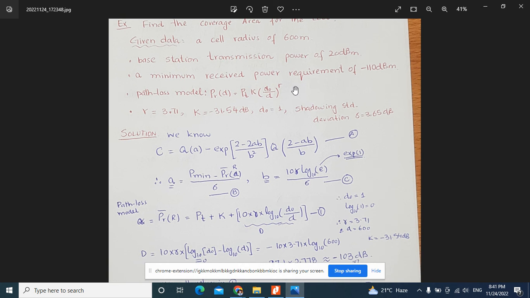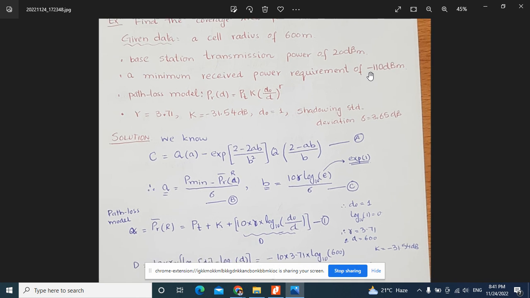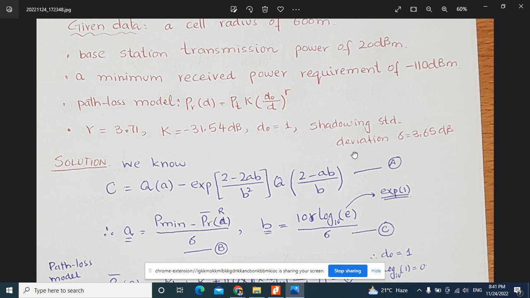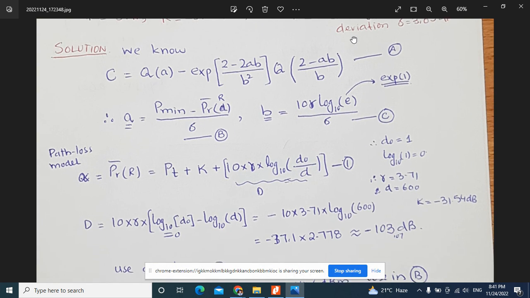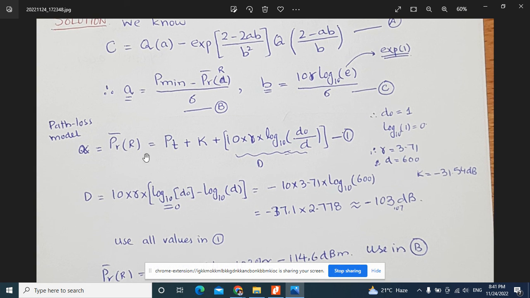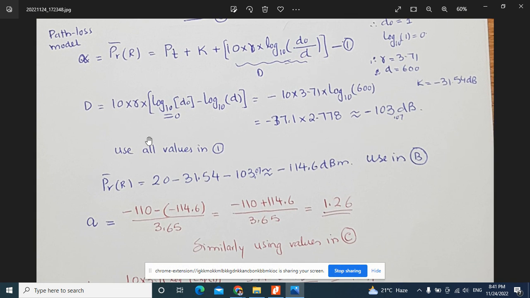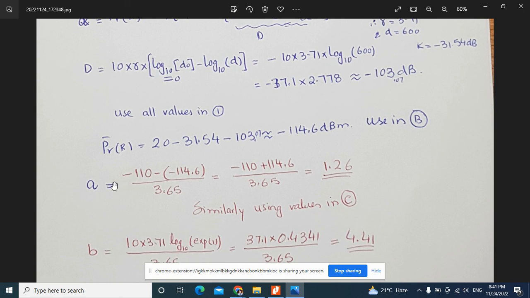Our minimum receive power requirement, if it is minus 120 dBm, then you just need to make changes not here, not here, not here, only here. You need to make the changes in calculating the value of A. You can write here minus 120 rather than 110. So if you write minus 120, you will end up with the value of A.